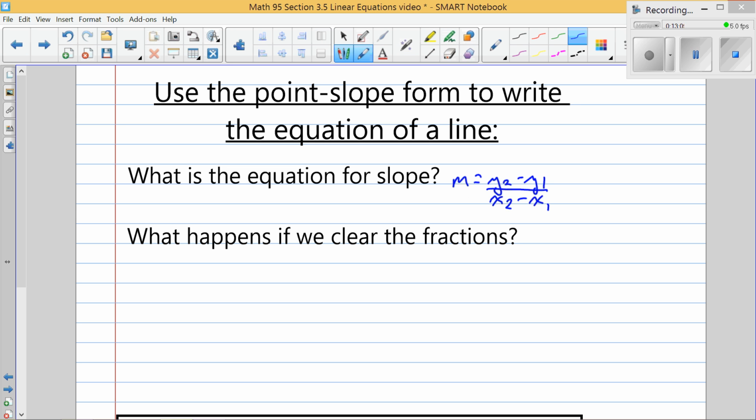So I want to see what happens to this if I clear my fractions, which you may remember means multiply by the common denominator. So for us, the common denominator is going to be this x2 minus x1. So I'm going to rewrite this down here. m equals y2 minus y1 over x2 minus x1.